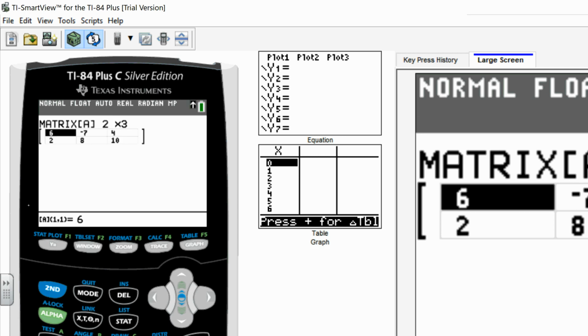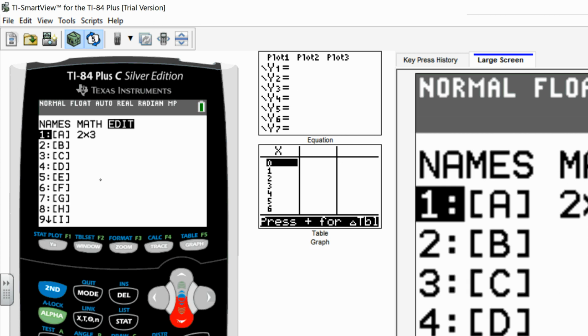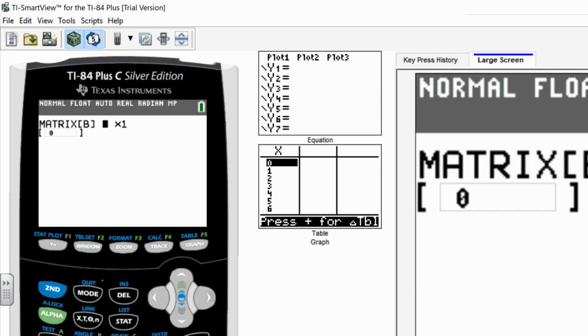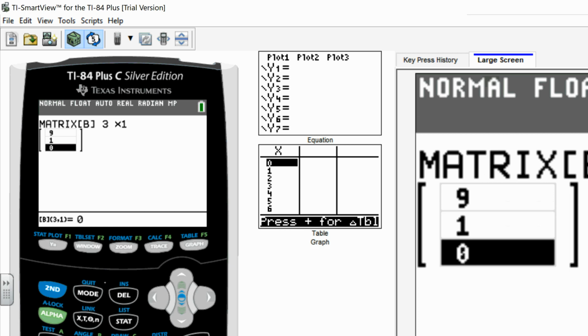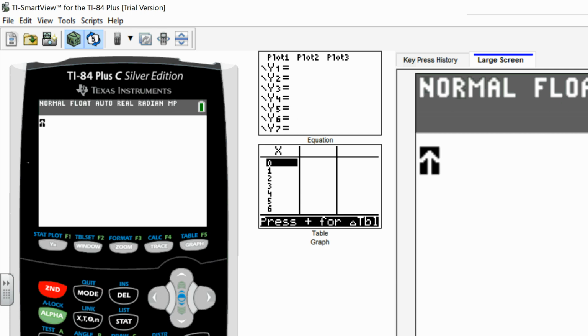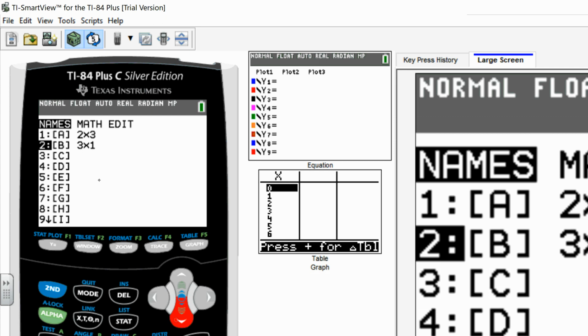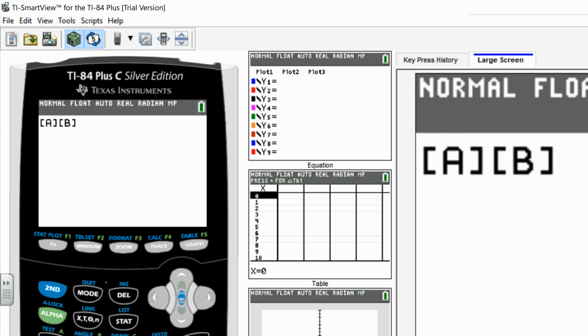Then we can go second matrix, over to edit and down to matrix B. This is a 3 by 1: 9, 1, 0. At this point, we can go second quit, second matrix A to pull up the first matrix, second matrix B, and put them right next to each other because we are multiplying, and it would be 47, 26 in a 2 by 1.